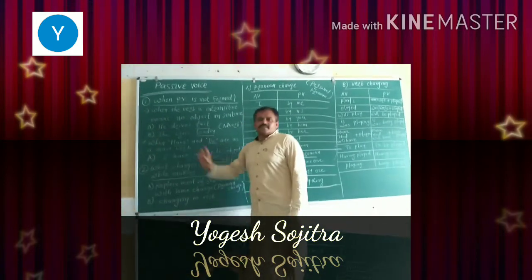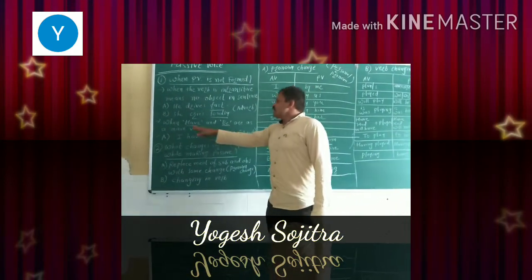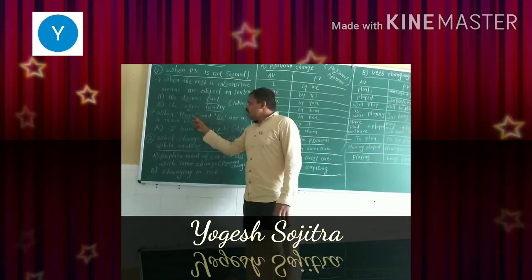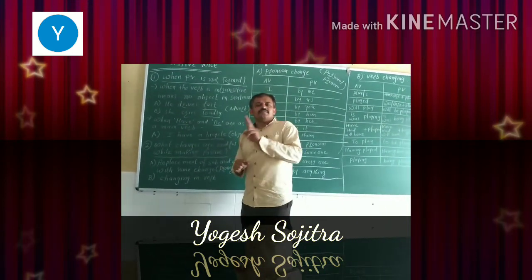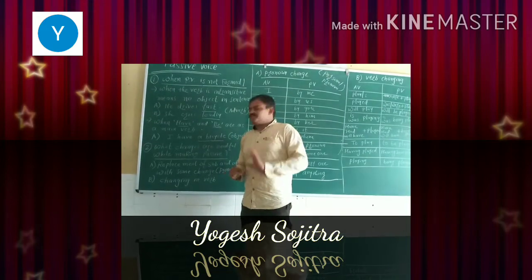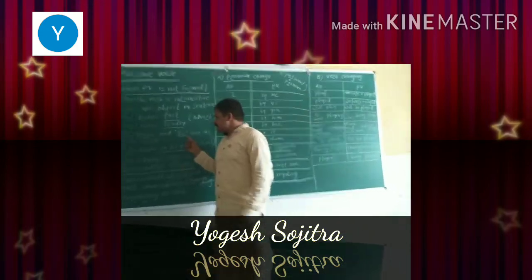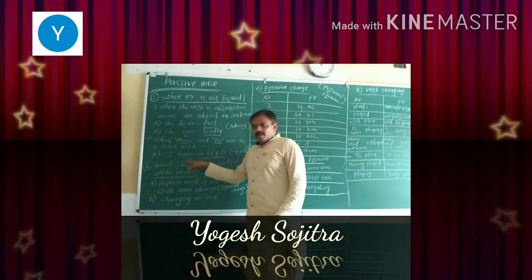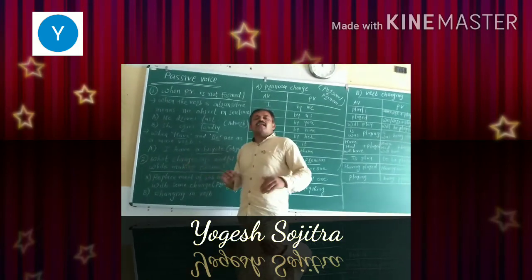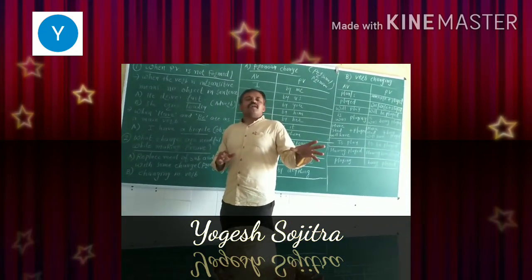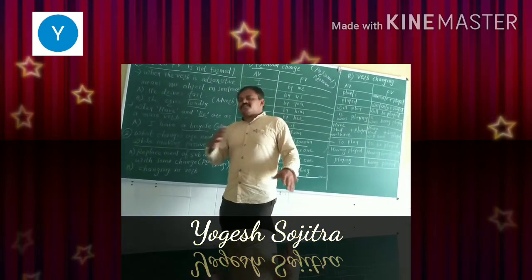The other answer, and it is very important, is when have and be are the main verb. Have means have and has in simple present and had in past. Be means am, is in present, was, were in past. So when have and be are given as a main verb, in spite of having an object, we cannot make a sentence into passive.